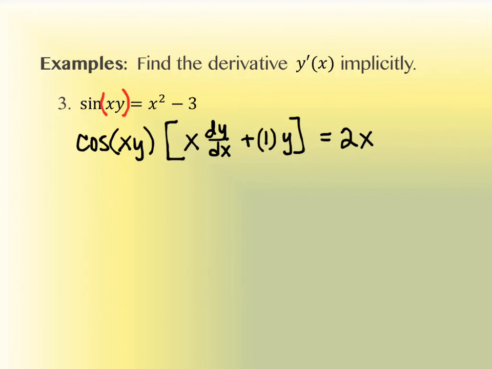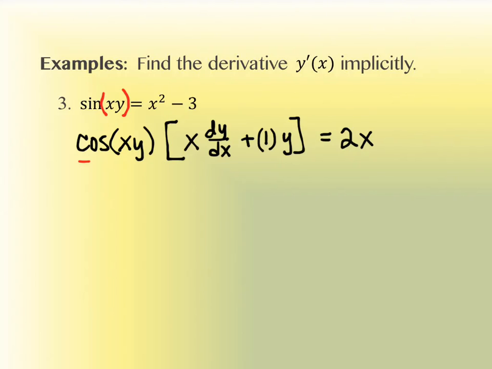All right, now the nice thing with what we're looking at is that we only have one dy dx here, right? I mean, that's actually fairly friendly. There's a couple of different ways we could do this. One option is that we could distribute the cosine xy through. The other option is we could flat out divide the cosine xy to the other side and move it instead of even distributing it. So what would you guys like to do, distribute or divide?